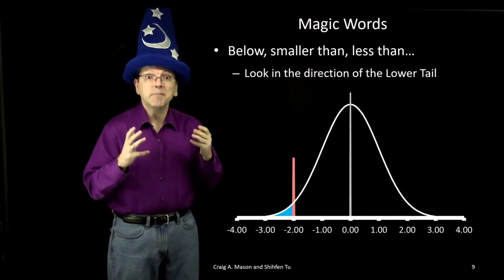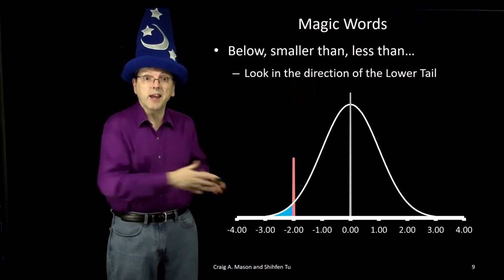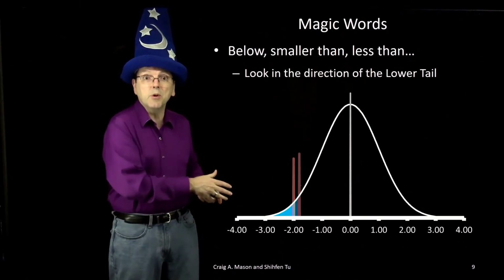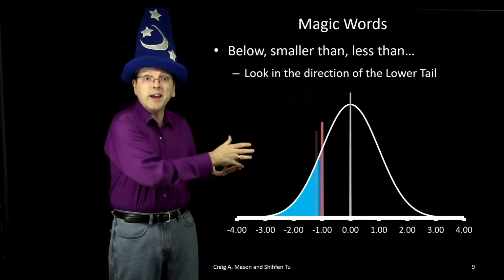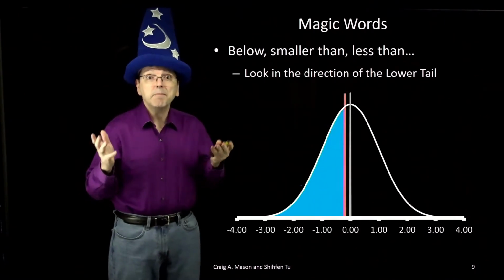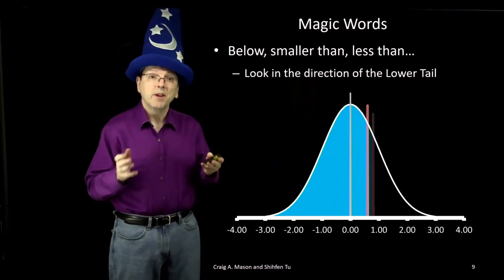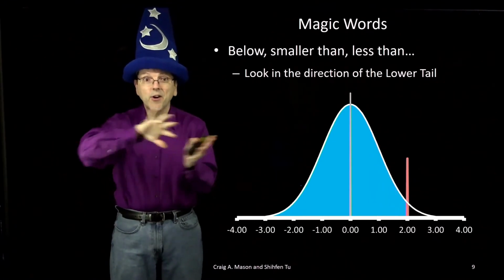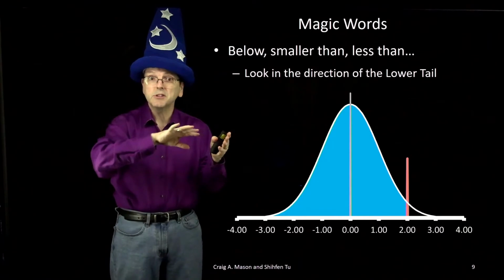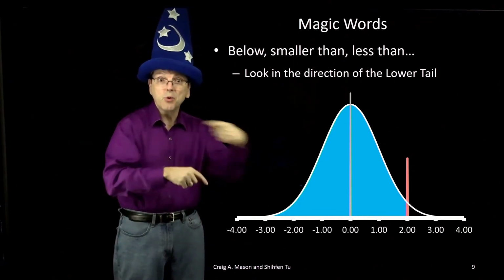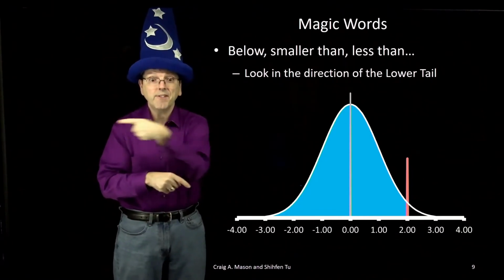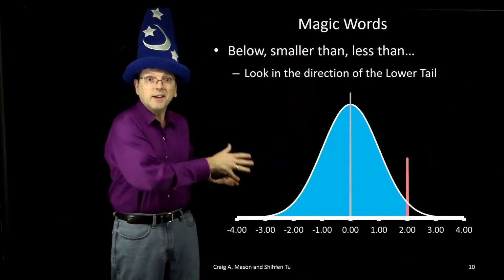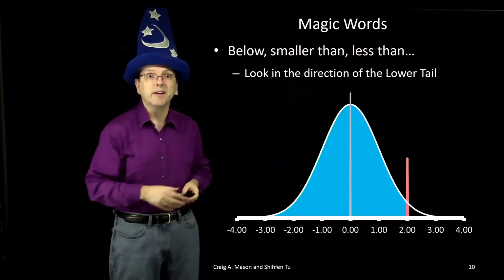And again, it doesn't matter what the score is, whether it's a big negative z-score or a small negative z-score or even a positive z-score. Questions of below, smaller than, less than are all asking about the area from the score to negative infinity in the lower tail, this blue area here.